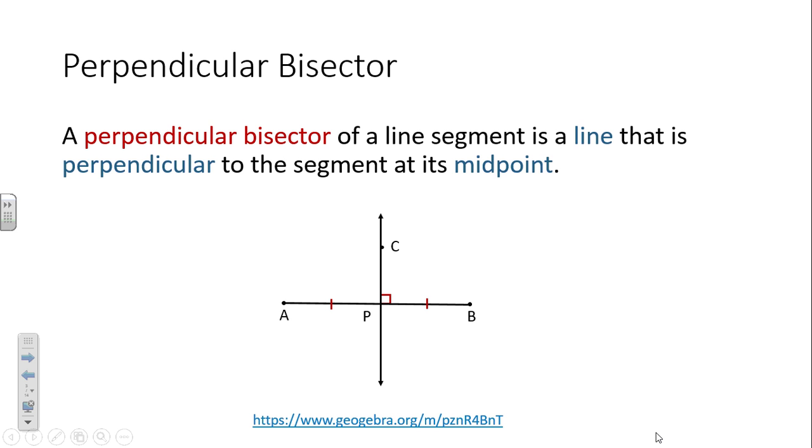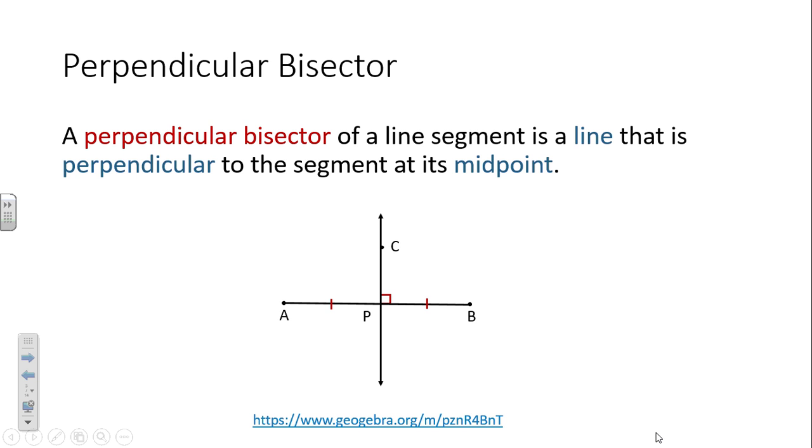So this line, CP, is perpendicular to segment AB at its midpoint. The midpoint is point P. So point P bisected it, cut it into two equal parts. We're looking for these marks, these symbols, and then we're also looking for a right angle. Okay, that means it's perpendicular. Questions so far? Easy enough, right?